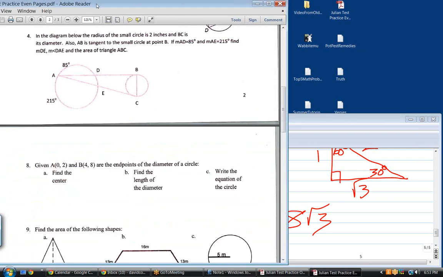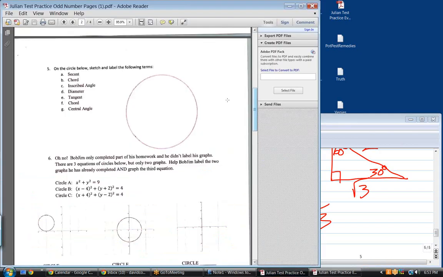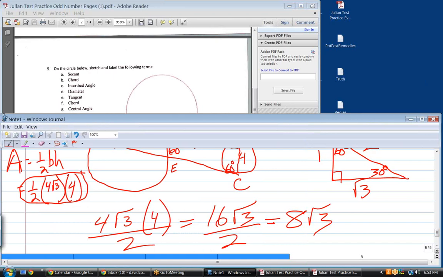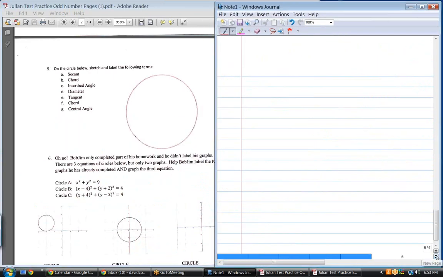Let's have a look at number 5, on the previous page. Let's make sure you understand all these terms here. So, there's our circle.